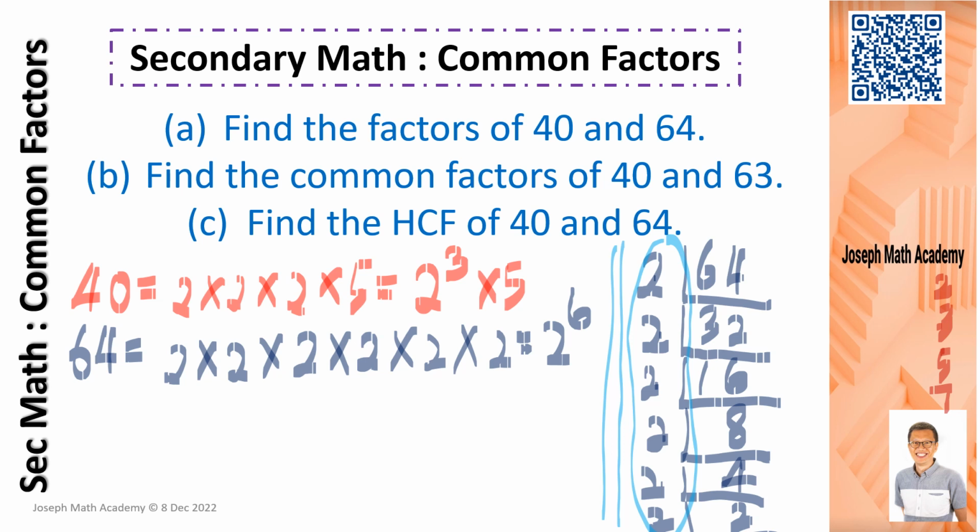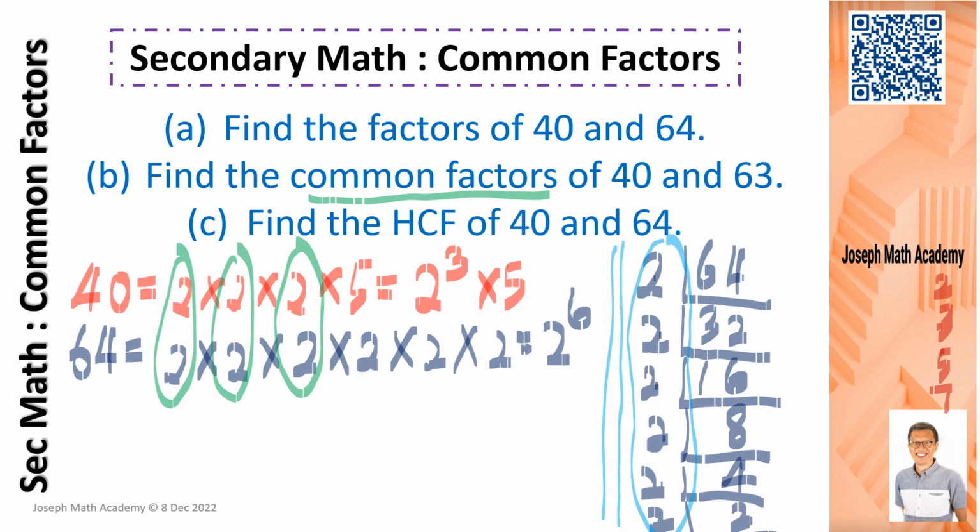So looking at the list of factors of 40 using prime numbers and the list of factors of 64 using prime numbers again, we can do part B. Part B asks us to find the common ones. So let's group them. Common, common, common.